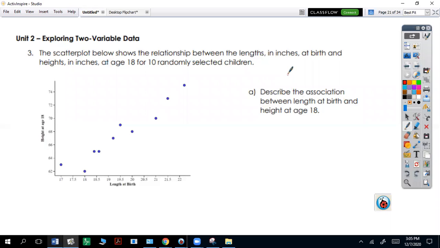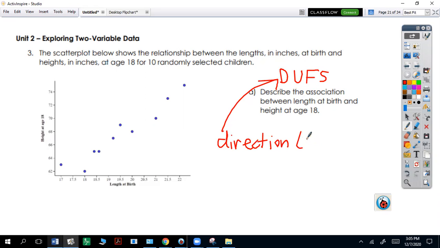So the first thing you want to do is recall what this means. D's for direction. Are we talking linear, non-linear, that kind of thing? Actually, direction, sorry, positive or negative.